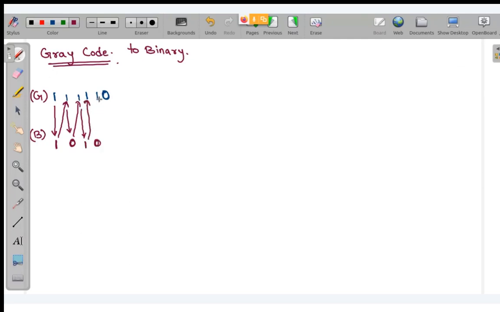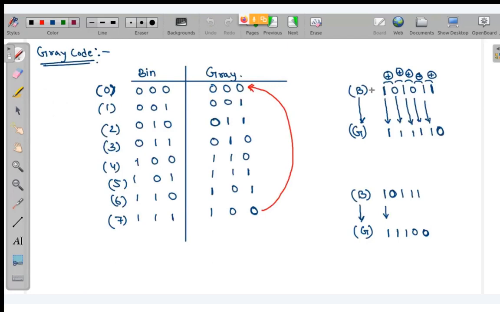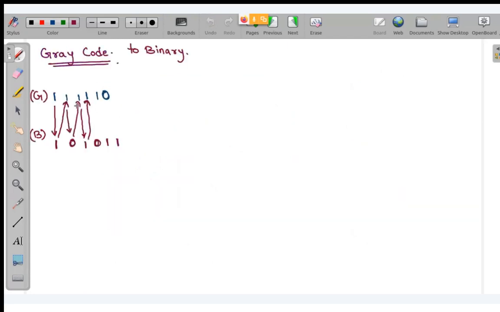This 0 will be XORed with this one, so this will be 1. And again 1 XOR 0 is 1. So this is your binary equivalent. If you go and check, this is what I had taken in the first place for our example. So for gray code to binary, we need to basically XOR the binary bit with the next consecutive bit of your gray code. Okay, so this is how we convert gray code to binary.